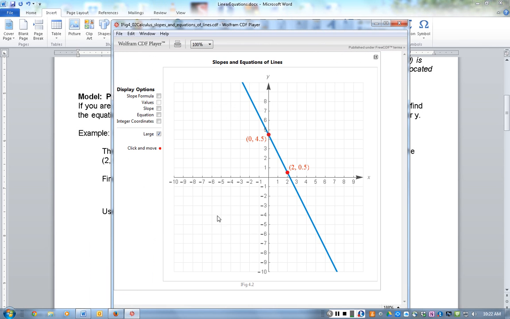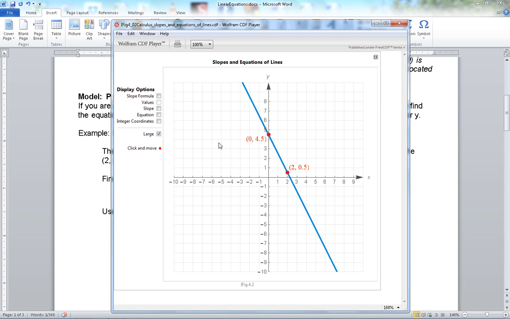If we go to the document here, we can look and see if we've got the y-intercept, which is going to be the point 0, 4.5, right? The y-intercept is the 4.5. And then we find one other point, 2 and 1/2.